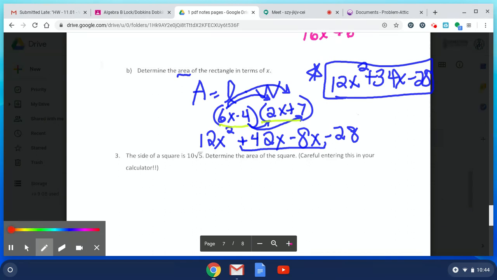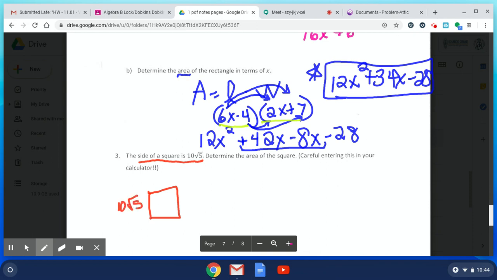So looking at number 3, the side of a square is 10 square root of 5. So looking at the square, each side is 10 square roots of 5. Determine the area of a square. So what's our formula for area of a square? Anybody remember?